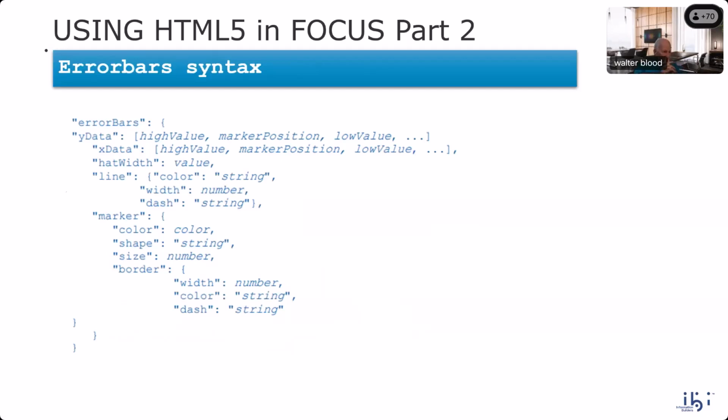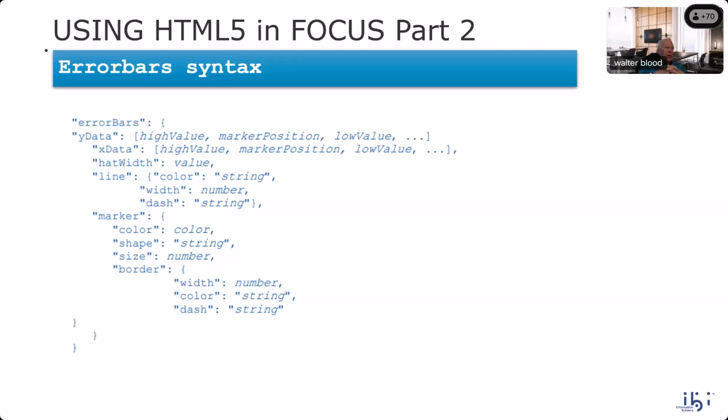Now, let's talk about something else that's available that isn't normally used. Error bars. Within a graph, I have a sense of what is reasonable within my data ranges, and I might want to show what I expect to be a normal or reasonable range.